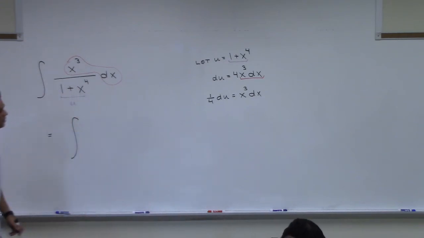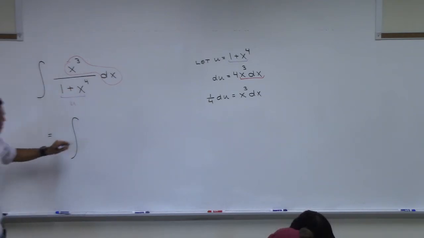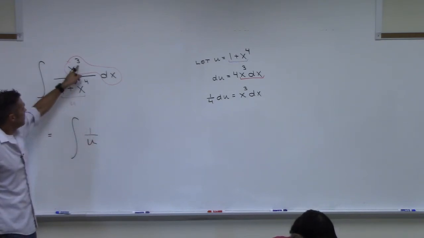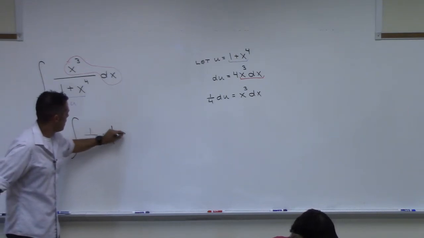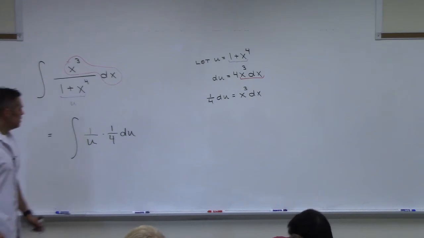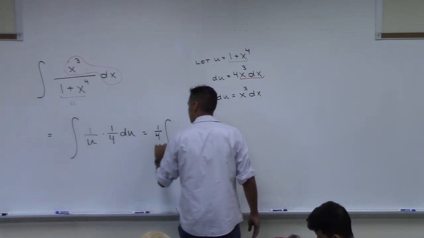All right, so where should I start here? I have a u here, right? But it's on the bottom, so I have 1 over it, right? 1 over u times x cubed dx, which is 1/4 du. I'm going to pull the 1/4 out now, starting to do this every time.